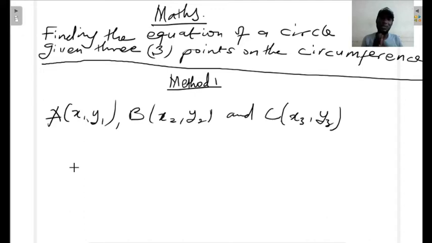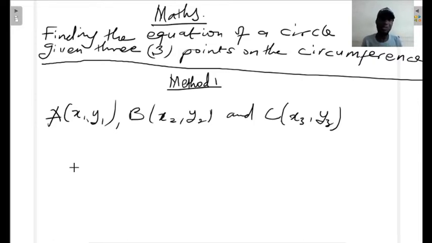I remember saying in one of the videos that whenever you are given a point on the circumference of the circle, you can substitute the x and y coordinates of that point into the x and y in the general equation of a circle to obtain whatever you are looking for.